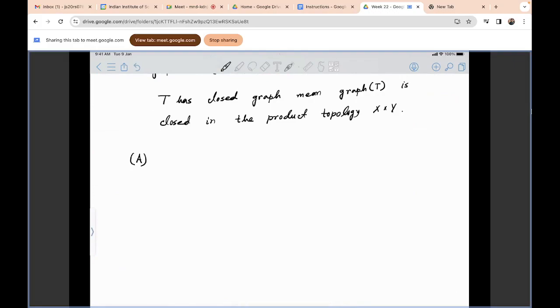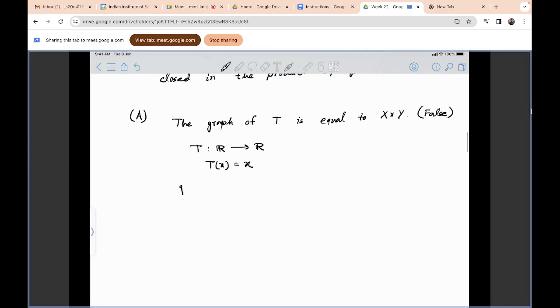So the graph of T is equal to X cross Y. This is false. Why? Let's take this example. T defined from R to R, the identity map, T of x going to x. Then what is the graph of T?